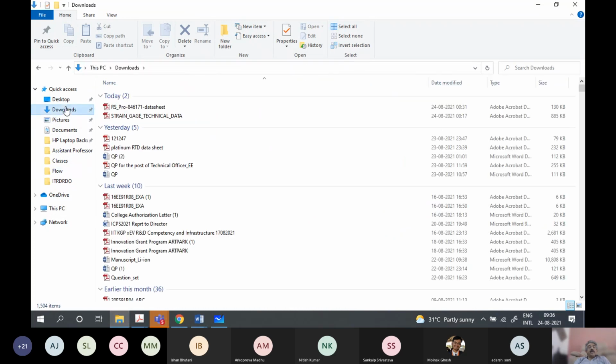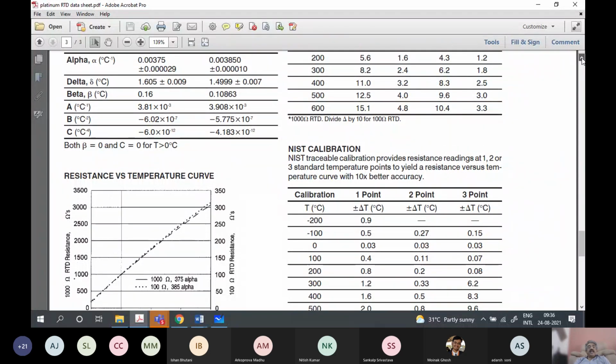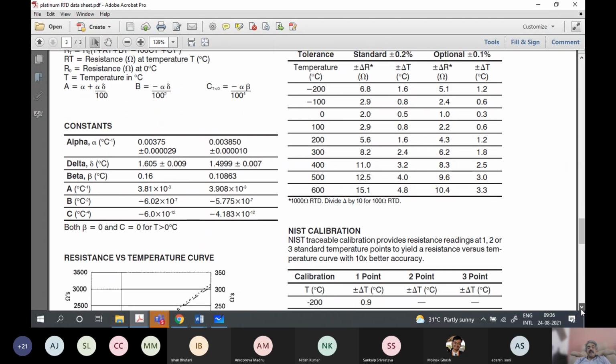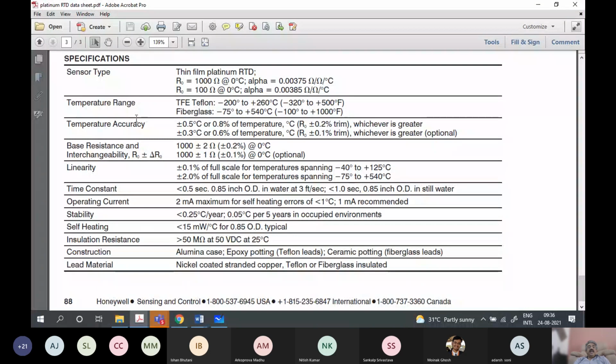Look at this Platinum RTD data sheet. See, the temperature accuracy they are stating: 0.5 degrees C or 0.8% of temperature.